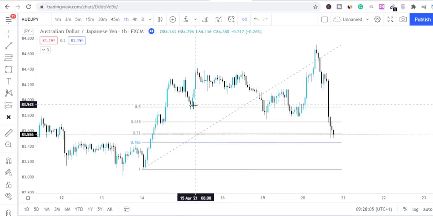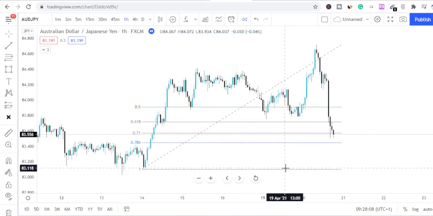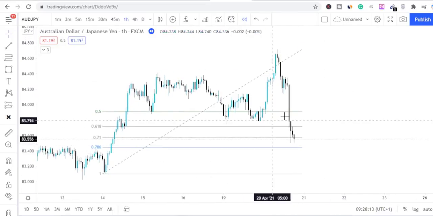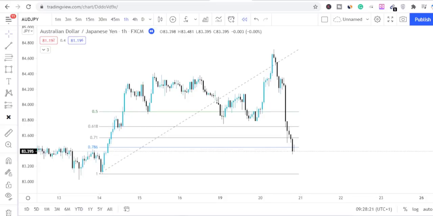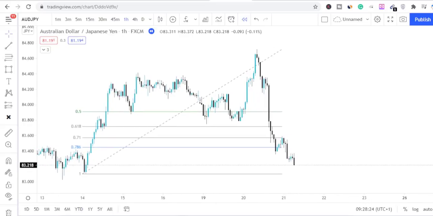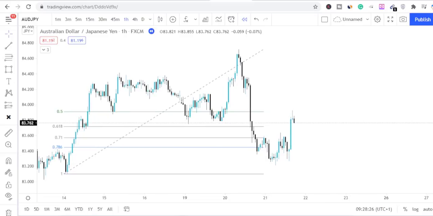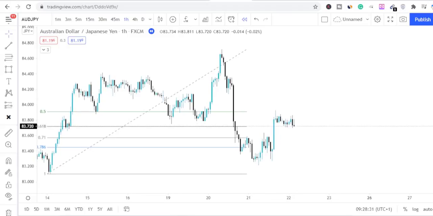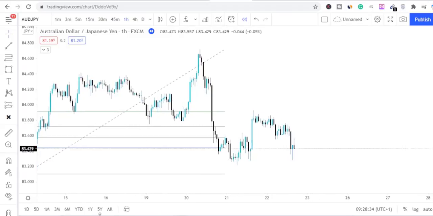So where is price now? Price has now come to a discount level. So there's a possibility that price should be able to react to this discount level to go to the upside. Right. So let's see what happens to price. If you take note, price began to rally around the discount levels, right? And take note, I say this again, all this move might not be the same day.